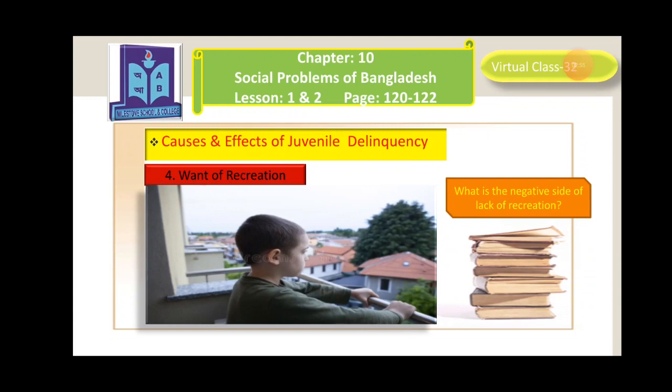Yes, that is, if anyone doesn't get recreation, he or she will be immature boys and girls. Their mental growth and physical growth will not be perfect.